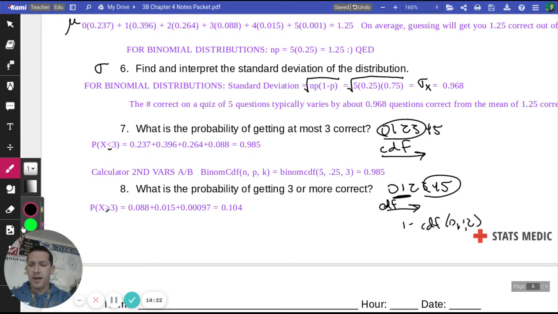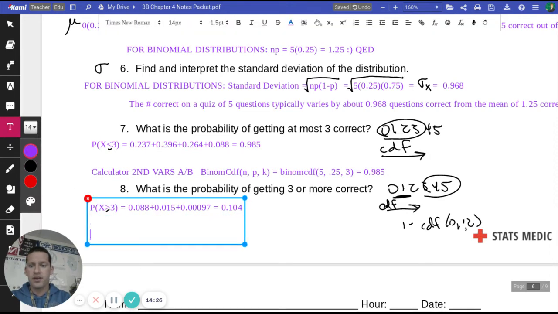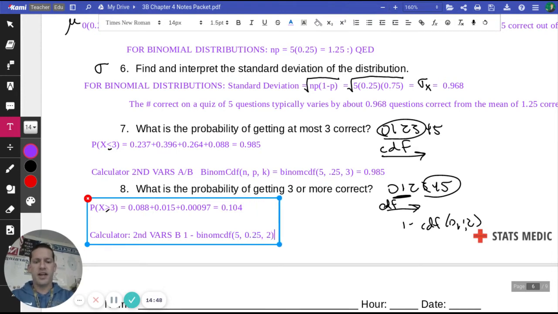And so let's type up how that's going to look on the calculator. Let's go down on the calculator again. Second vars. And then I want to say this is B. I think this is B. Let's go with that. And we're going to do 1 minus binomial CDF of 5, 0.25 for the probability of success, and 2.